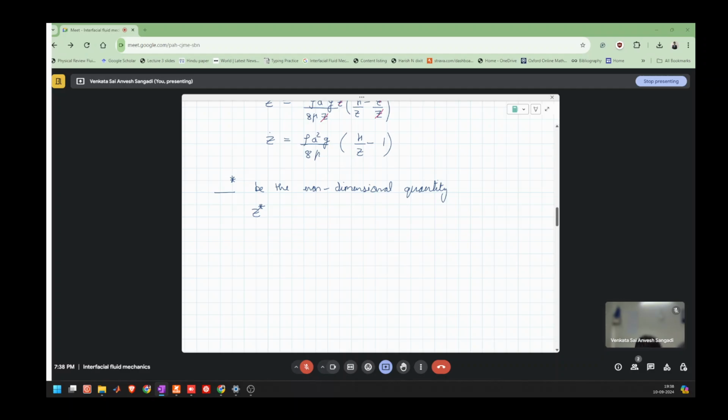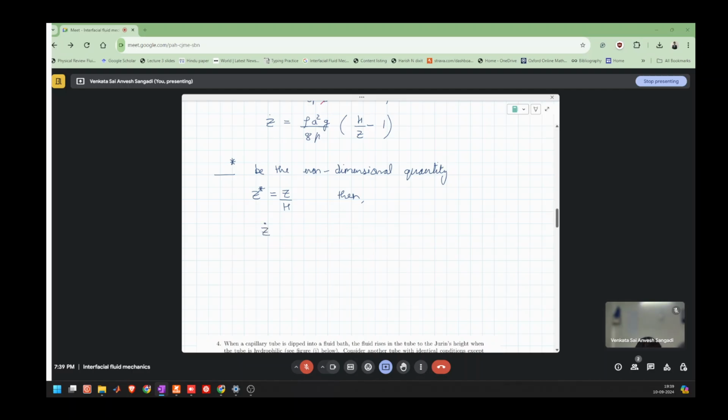Z star is equal to Z by H. Then we have Z dot is equal to rho G A square by 8 mu into Z into 1 by Z star.